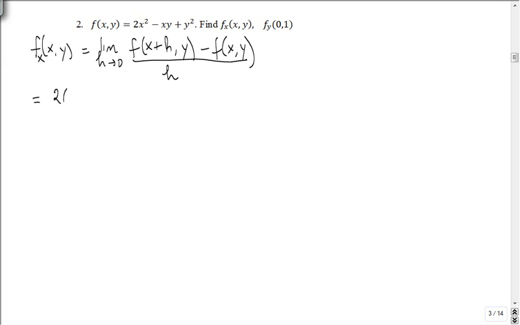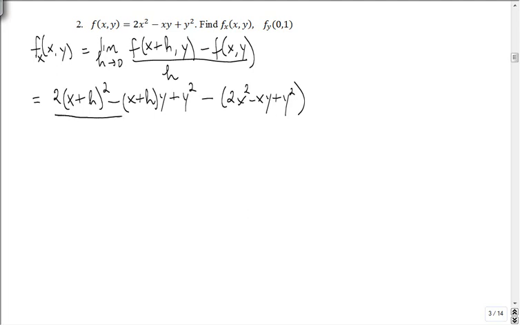So that's 2 times (x plus h) all squared minus (x plus h) times y plus y squared minus the actual function, put in parentheses because signs are going to change. And this is all over h.